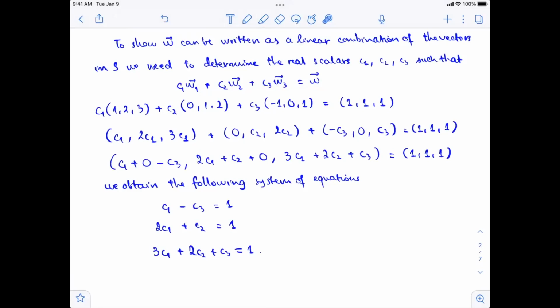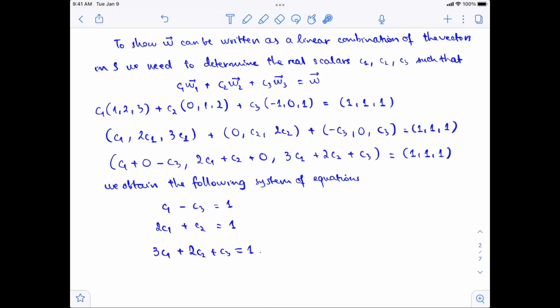At this point, there are many ways for you to calculate the solution of the system. Again, you can use the elimination method or the substitution method. You can use the Gauss-Jordan elimination method. You can use Cramer's rule to evaluate the solution of the system. Or you can find the inverse matrix of the coefficient matrix and use the idea of x equal to A inverse times B to obtain the solutions.